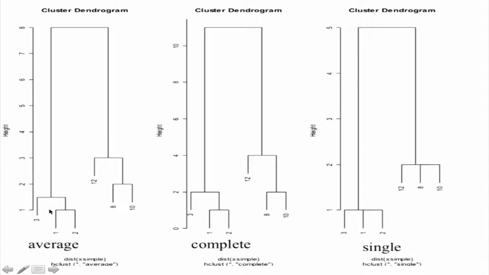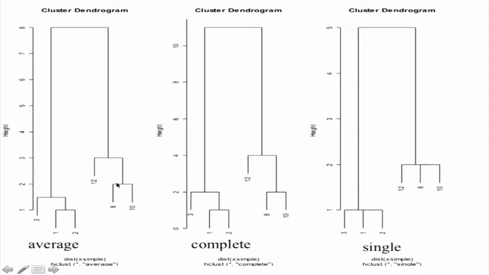Do you see? Because the y-axis, which is known as the height of the tree, specifies the average dissimilarities. As I said, the dissimilarity between 1 and 2 is 1, so they get merged at that height. The dissimilarity between 8 and 10 is 2, so they get merged at 2.